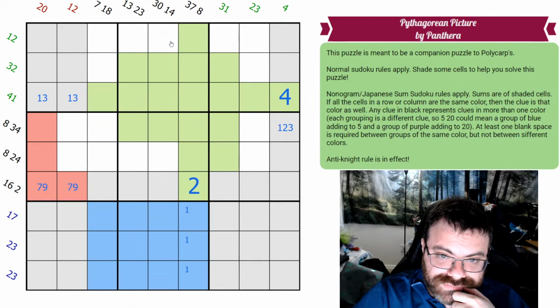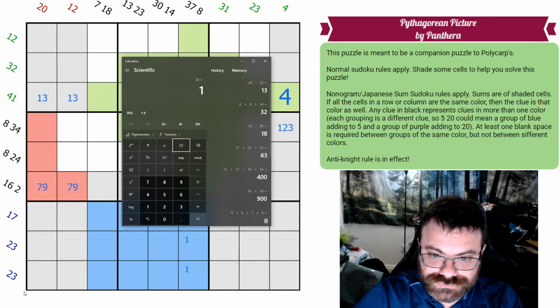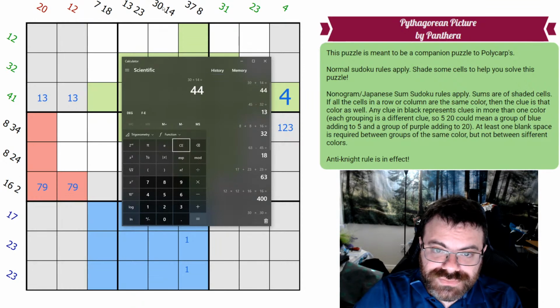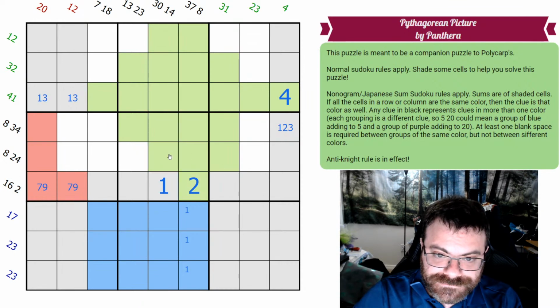Column 5. Oh, 30 plus 14 is 44. So this all has to be shaded, and this is a 1. That's not a 1.